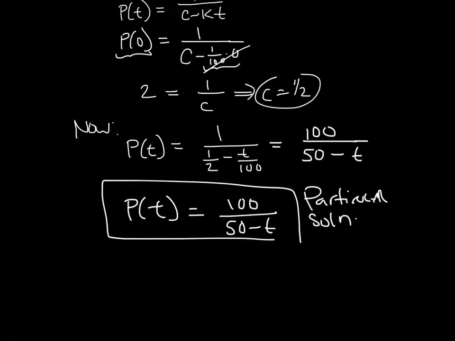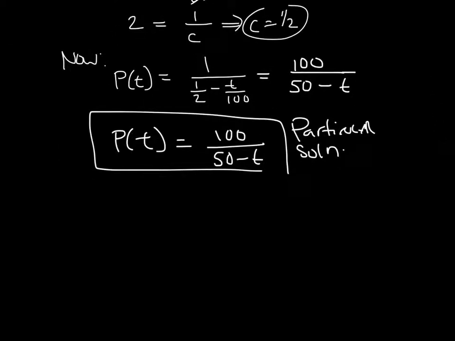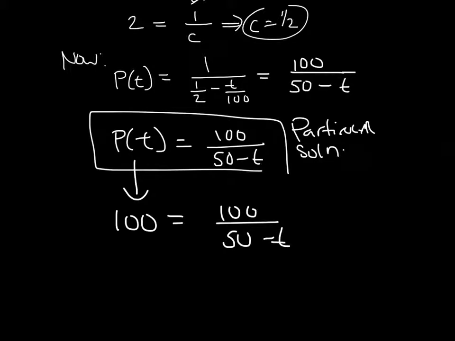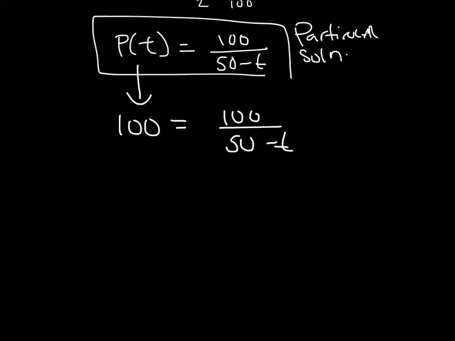And what's the question? Well, the question was how long does it take for the population to grow to 100 rodents? So if it's 100, then we have to put 100 in there: 100 equals 100 over 50 minus t. This is really just algebra, not very hard.